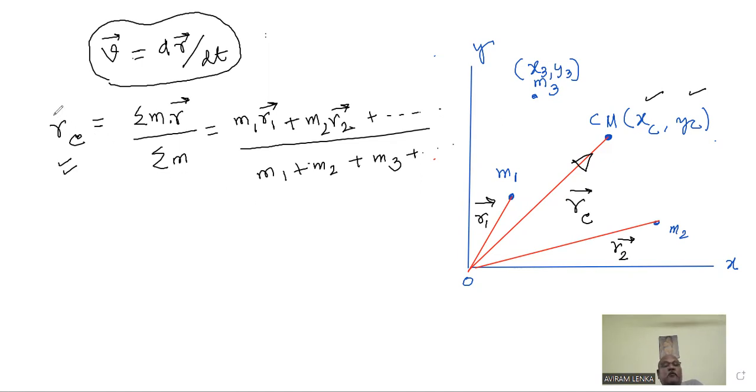So if you take this formula and take the time derivative, this will give us vC, the velocity of the center of mass.